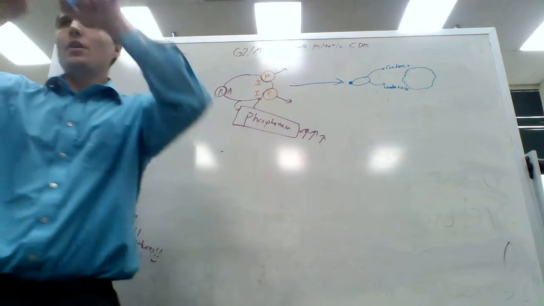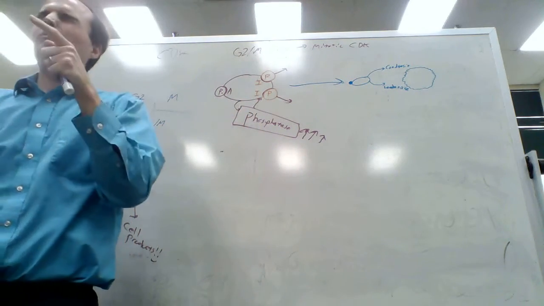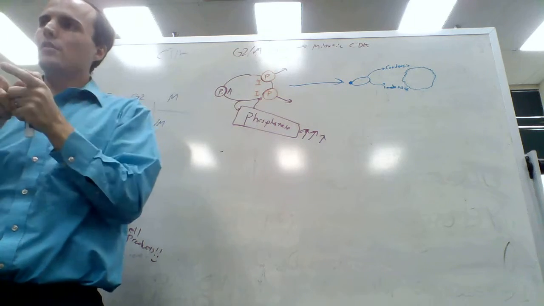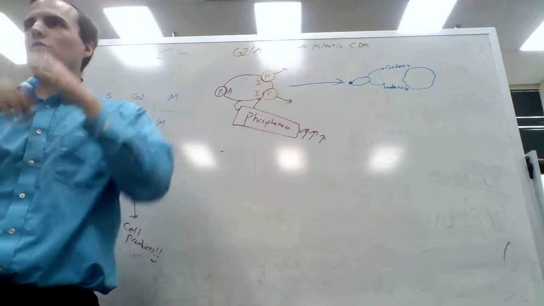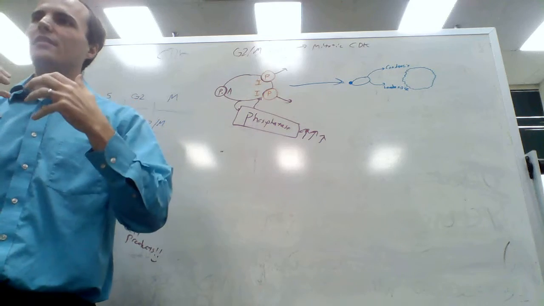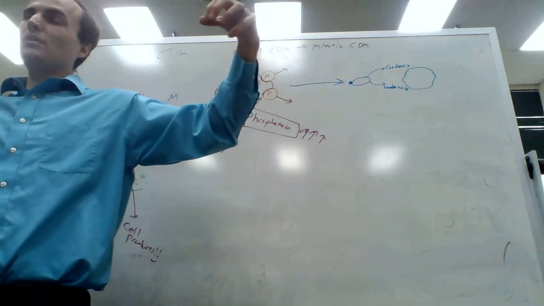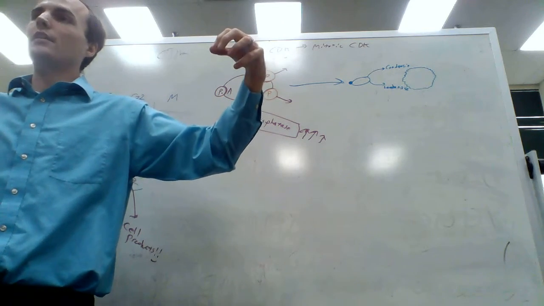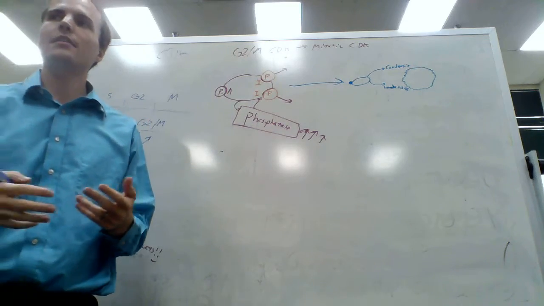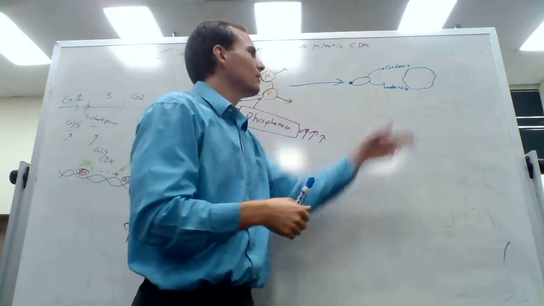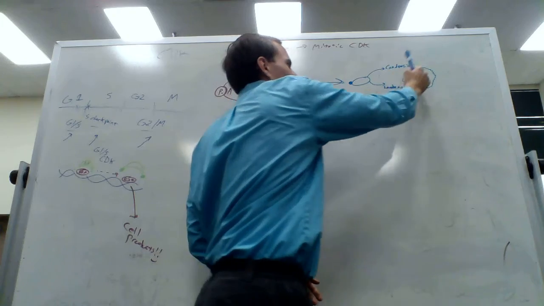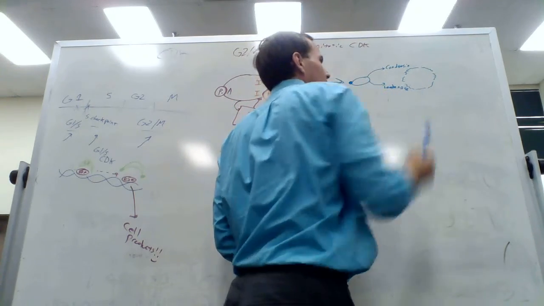Laminase is going to affect the membrane, the nucleus. And so when we're going to do cell division, we need to open the nucleus up so that we can have access to the genetic material and put it between the 2 cells that we're going to be creating. If the nucleus is still there, we can't do that. And so laminase is going to go ahead and start breaking up the nucleus. Okay?